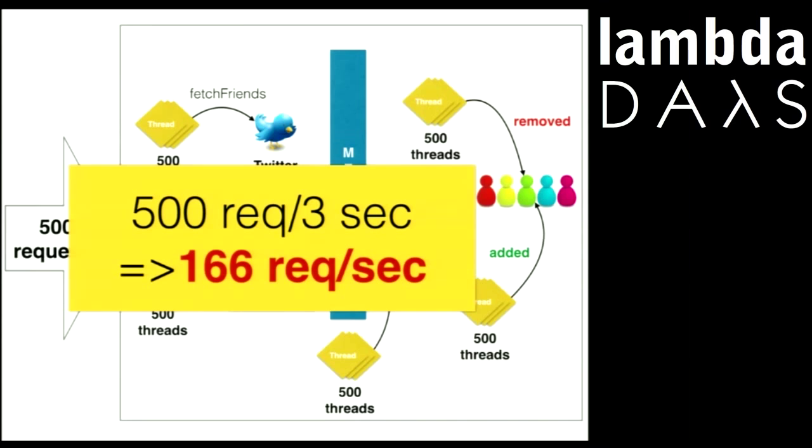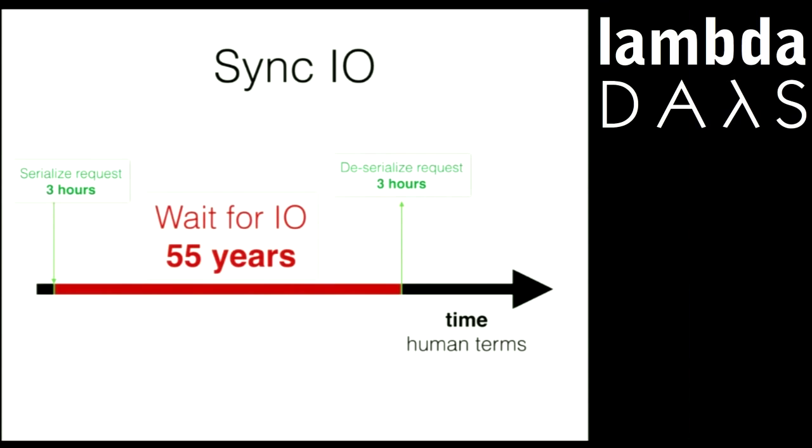Why is that so? Well, the problem here is that our threads, whenever they call an external API, they are blocking. And this is bad. Let's see how bad it is. So in human terms, this is what the thread does actually. Serialization of requests takes 3 hours. Then the thread waits for 55 years, and then the response comes back, and it takes 3 hours to deserialize it.